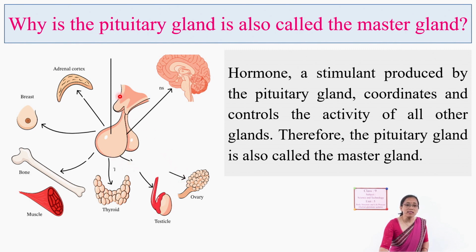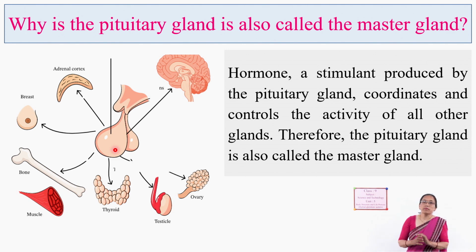So it is stimulating all other glands present in our body. It is also controlling the activities of the other glands which are present in the human body. So, this gland is called the master gland. Okay, why is it called the master gland? Once you recall it?